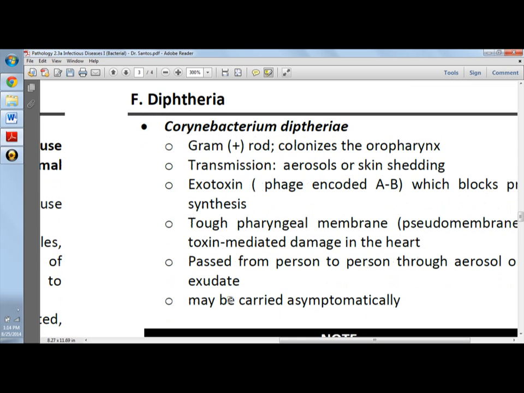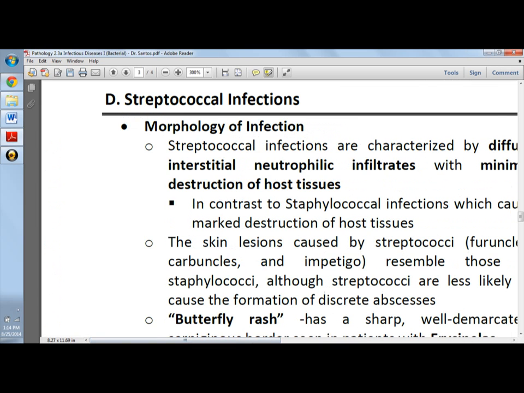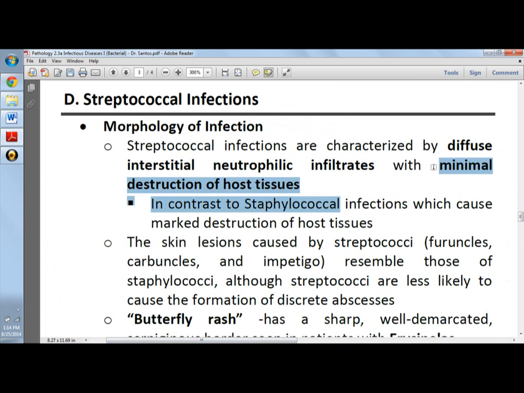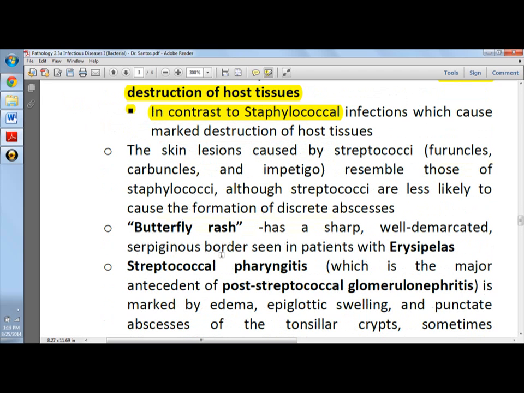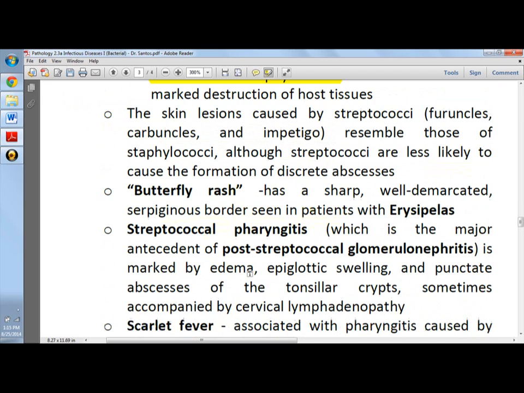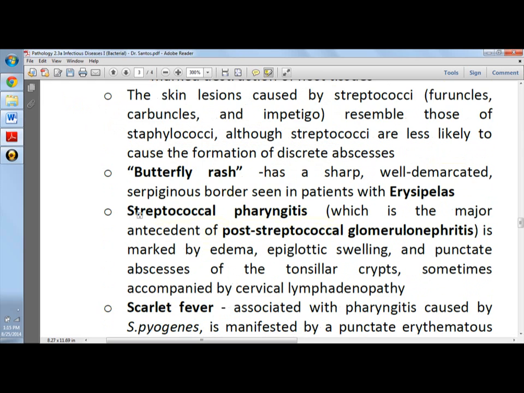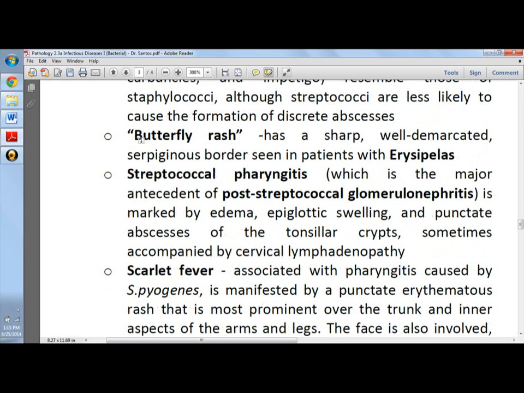A very characteristic would be a minimal destruction of host tissues. That's what I said a while ago. In staph infection, there is maximal destruction of host tissues, but in strep, there is minimal destruction.